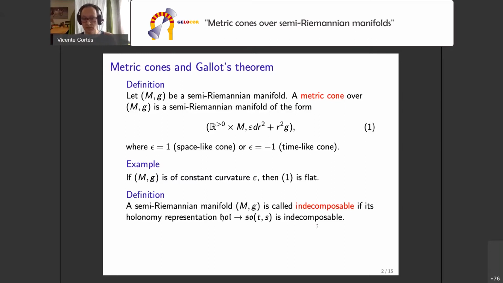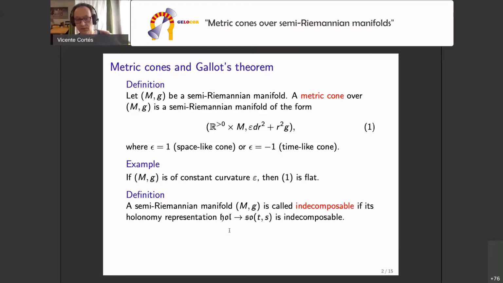But what is always true is that it is a sum of indecomposable subrepresentations. So you can split your representation space as a direct orthogonal sum of subrepresentations which can no longer be split into smaller subspaces. So we call the manifold indecomposable if this representation is indecomposable.